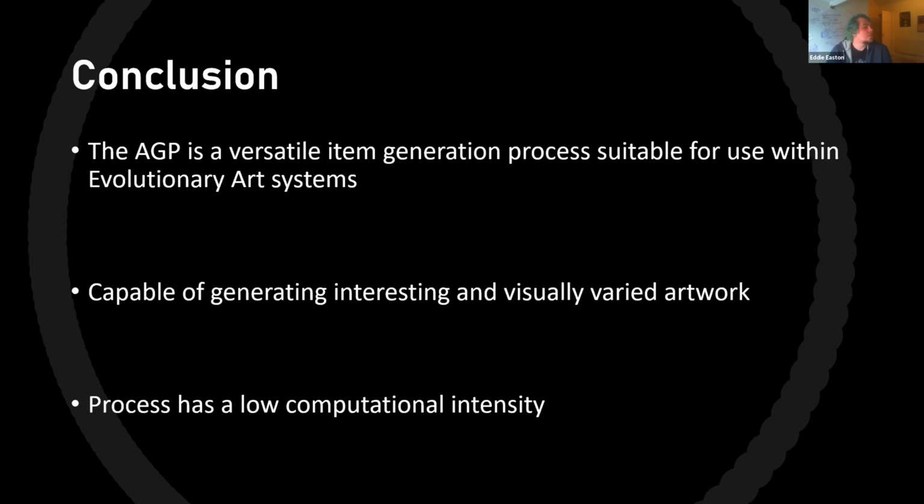But what we also saw with this is the need for other measures. Even though measures such as symmetry and complexity are very ubiquitous within this field, they weren't necessarily able to describe the items that were generated or the perception of these items.